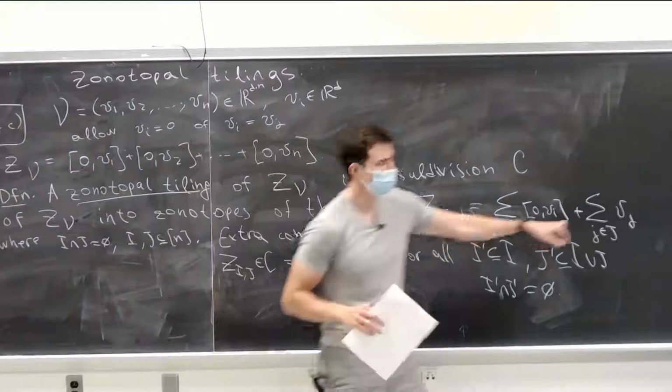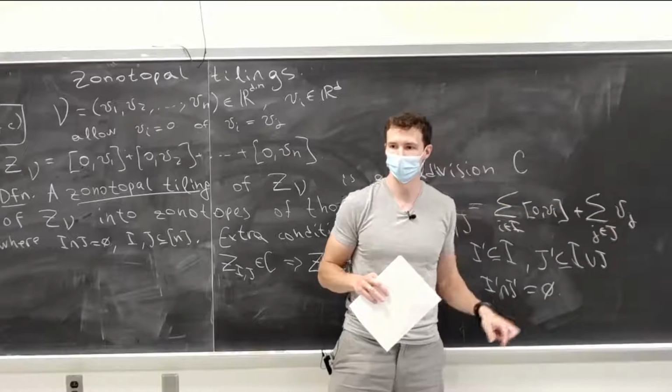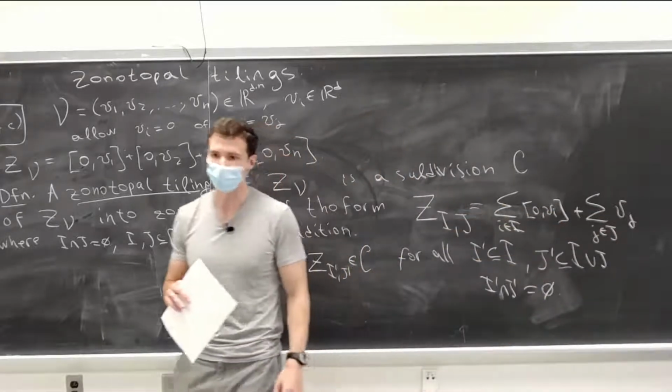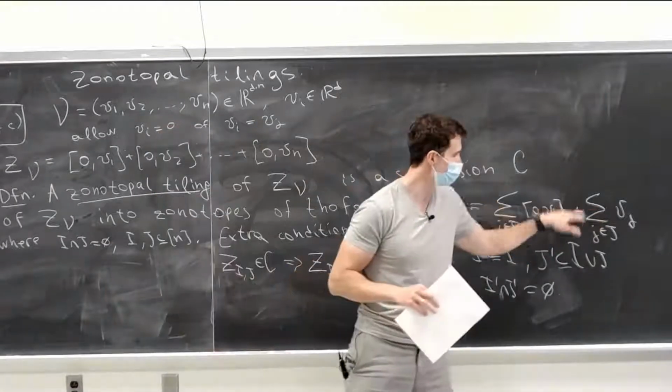No, this is just V_j. I'm shifting. So this is the zonotope. This only tells me about the shift.